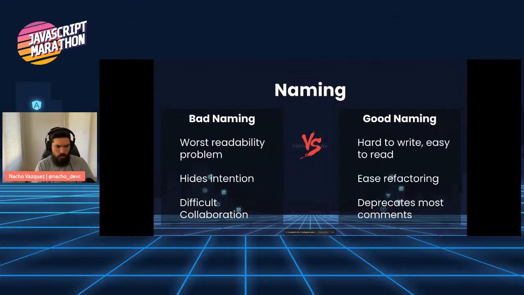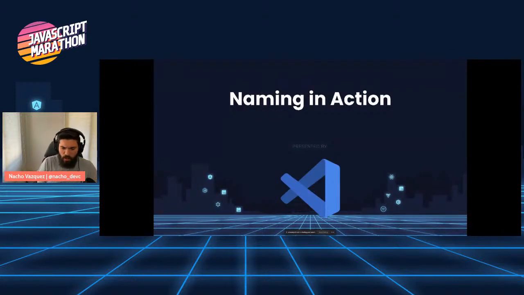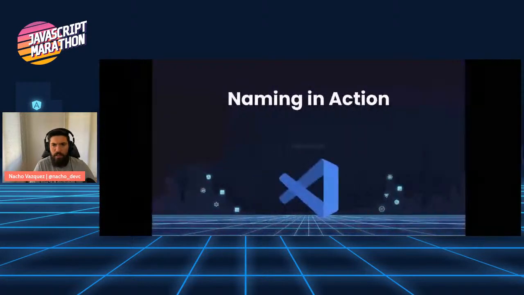You don't need to start explaining everything that you're doing, because the names of your functions, of your variables, are going to be self-explaining. All right. So that said, let's jump through a bit of code and see how naming can change the way we see and understand our components.